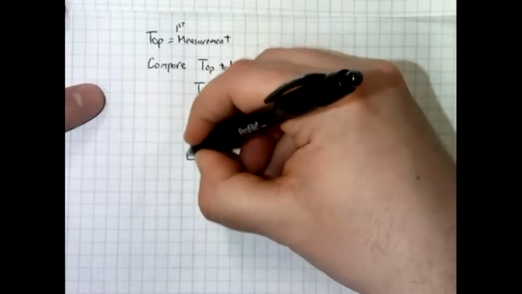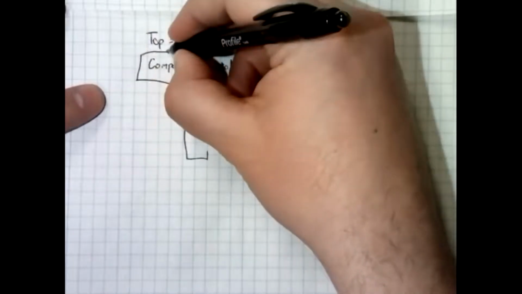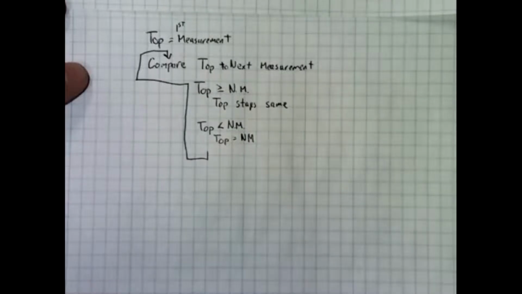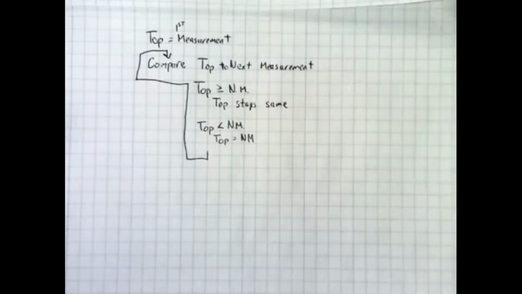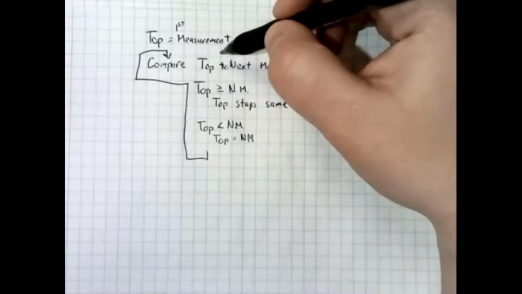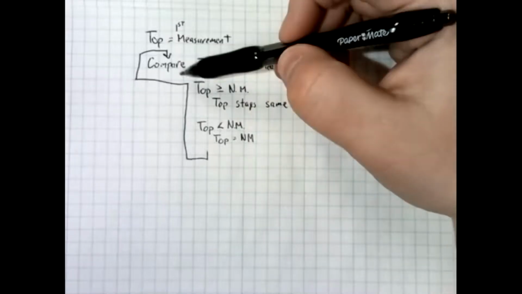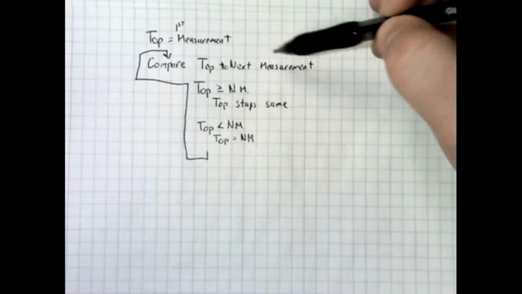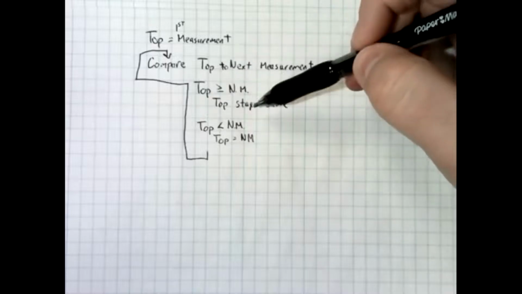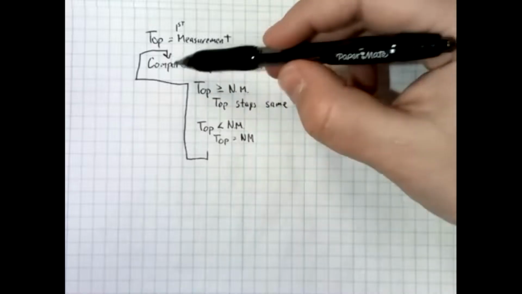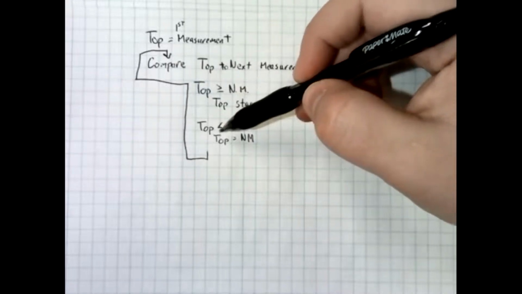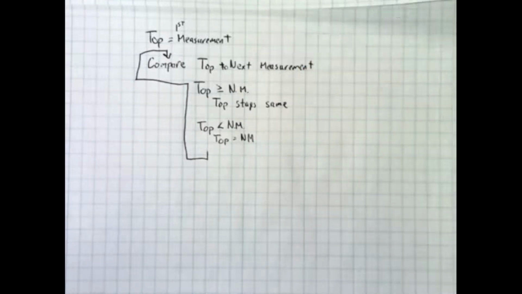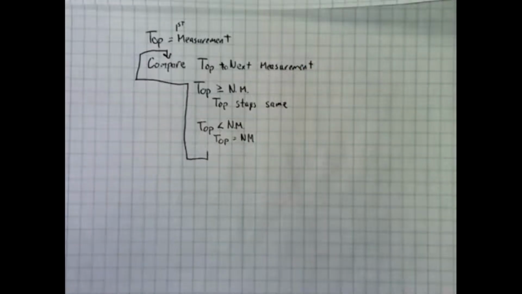And then we can repeat this process over and over again. So we first set our top measurement to whatever our first measurement is. That's going to be easy. And then we compare the top to that next measurement. If it's still greater than that next measurement, we leave it. If it's less, then the top has to change, because the top has to be that maximum value, right?